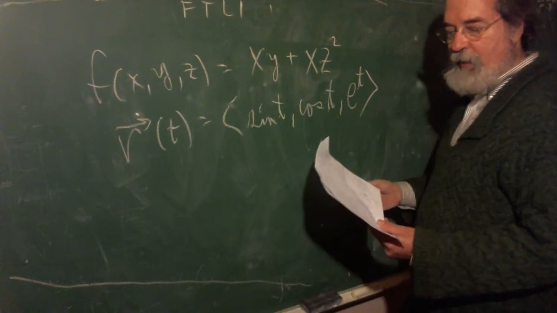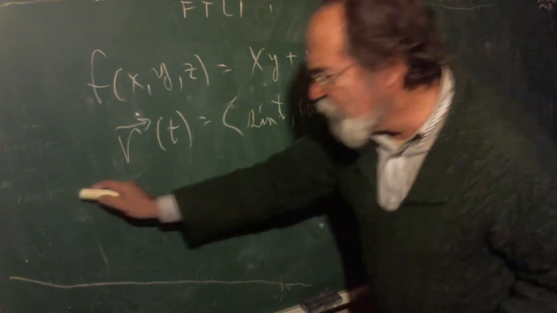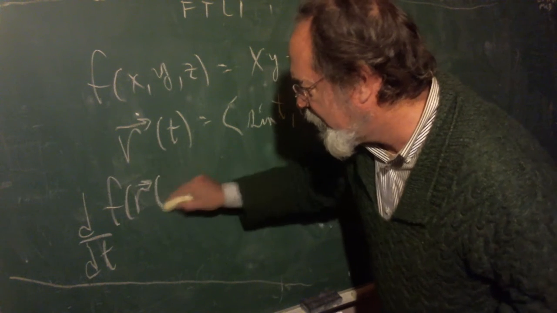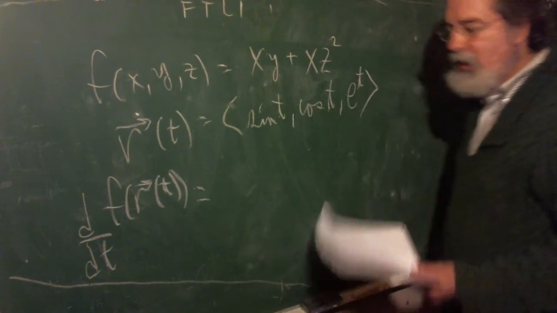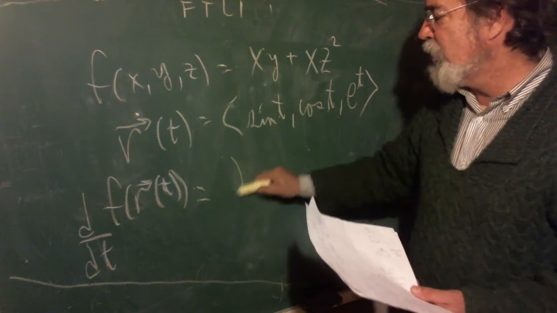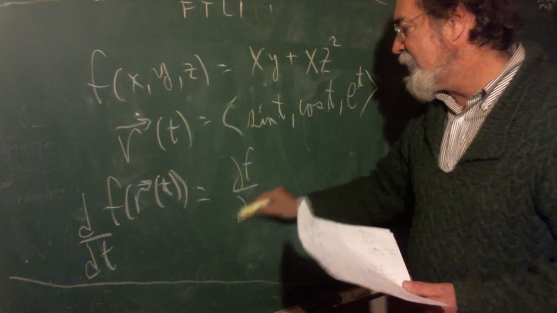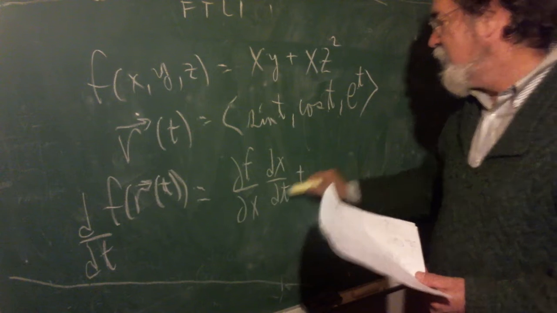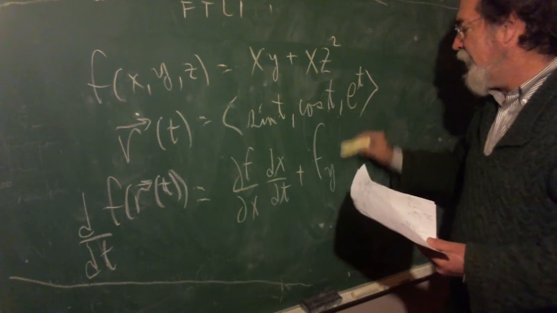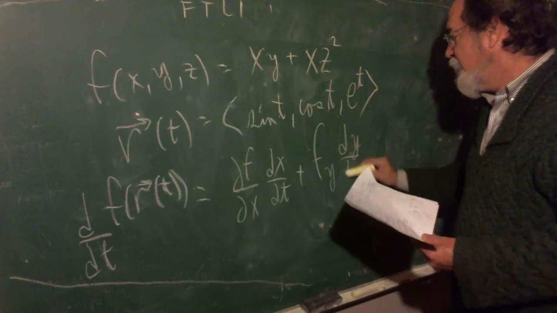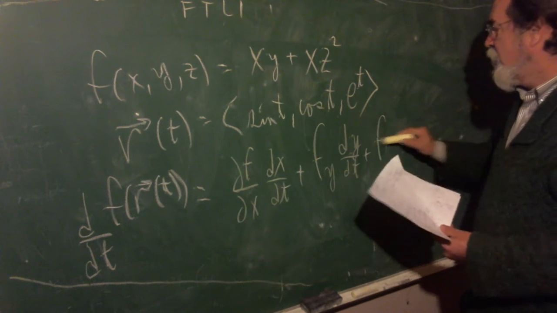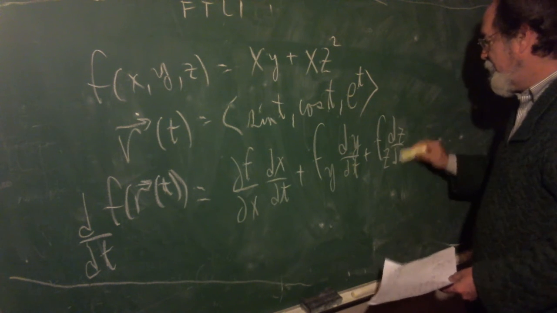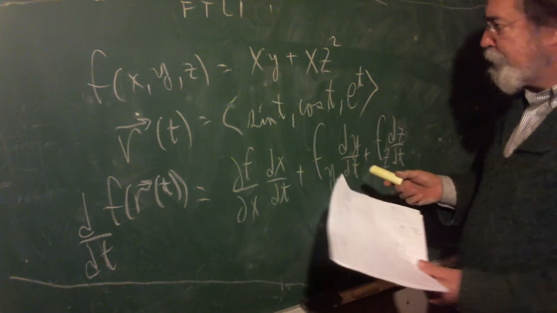So now if I do the derivative with respect to t of f of r of t, that's going to be the partial of f with respect to x times the derivative of x with respect to t, plus partial of f with respect to y times the derivative of y with respect to t, plus partial of f with respect to z, derivative of z with respect to t. That's chain rule, just reviewing that idea.